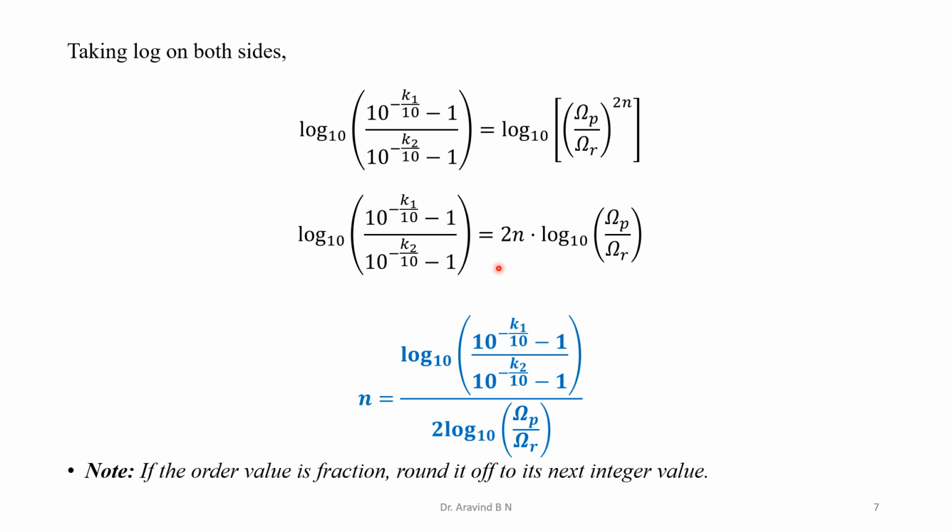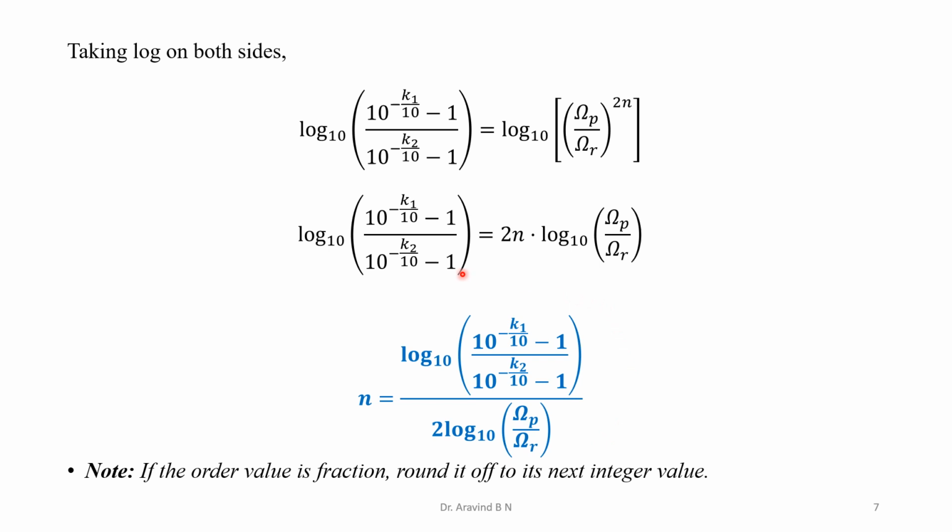Now at this stage, we are able to obtain the expression for the order of the filter, n. Keep the n here itself and perform a cross multiplication of everything else. By doing that, we obtain the order of the filter as n is equal to log base 10 of [(10 to the power of minus k1 by 10, minus 1) divided by (10 to the power of minus k2 by 10, minus 1)] whole divided by 2 log base 10 of omega p divided by omega r.